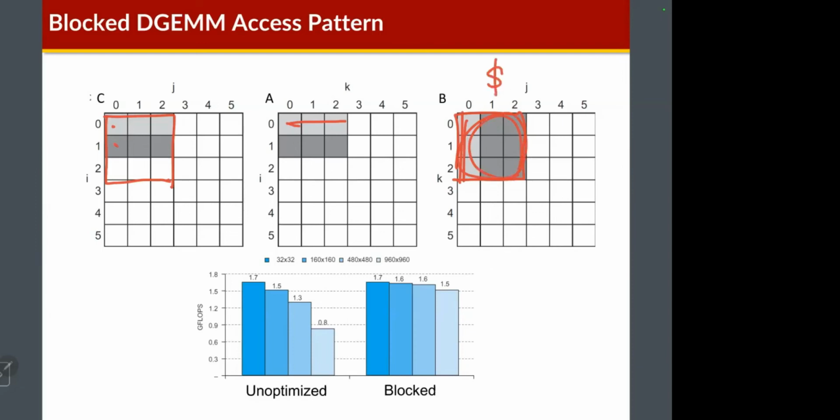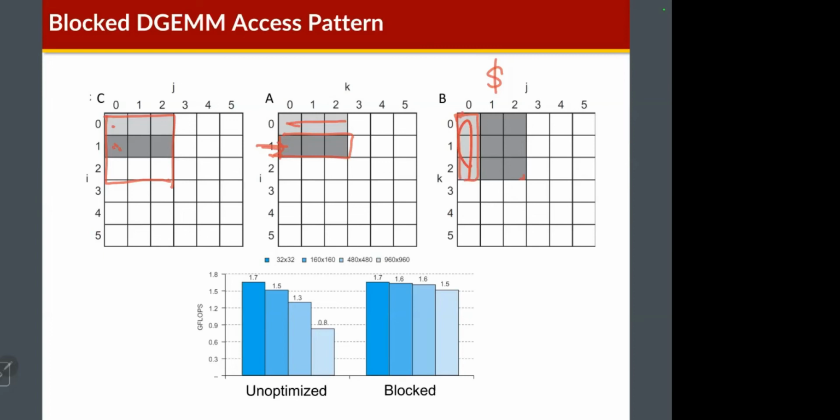When we compute this one, we also use this row and this column. But because the size of the sub-matrices is small, we can find this column vector data in the cache. Understand?